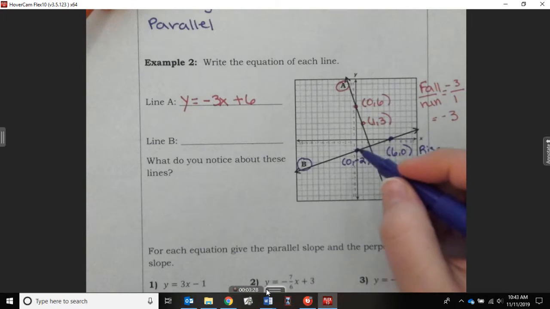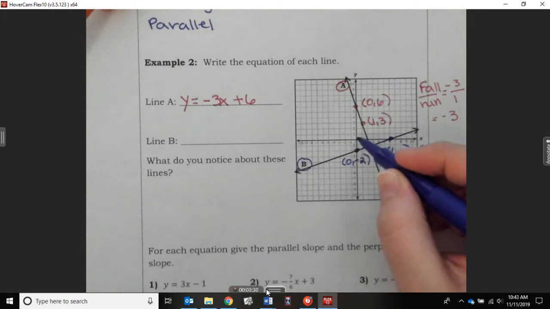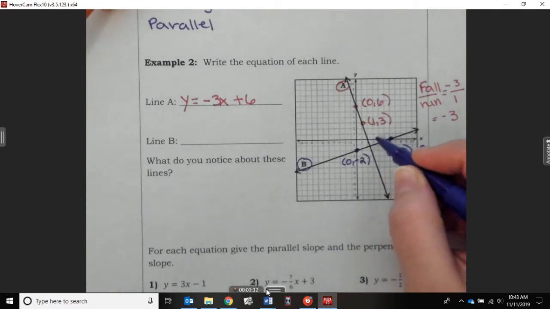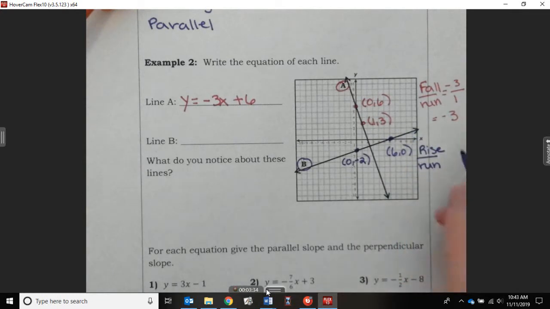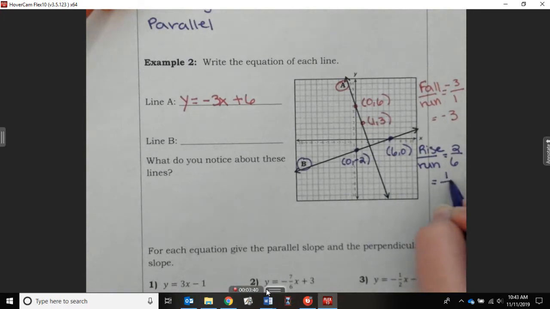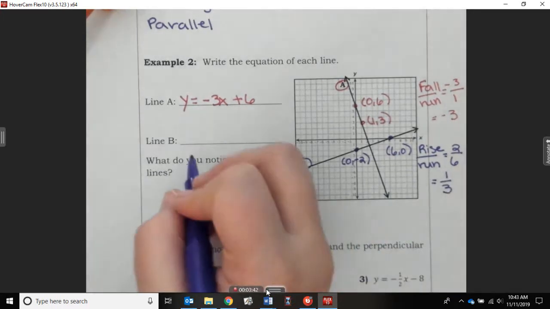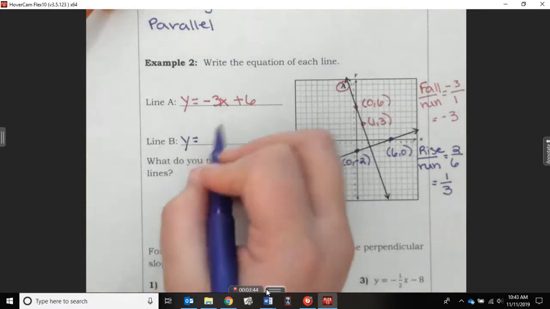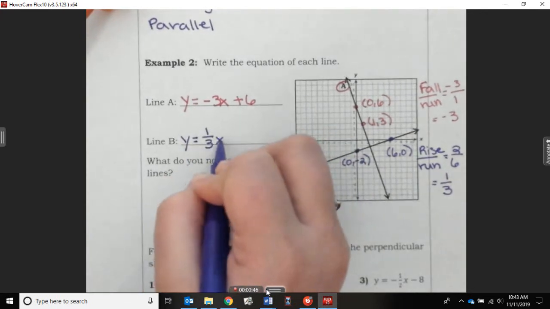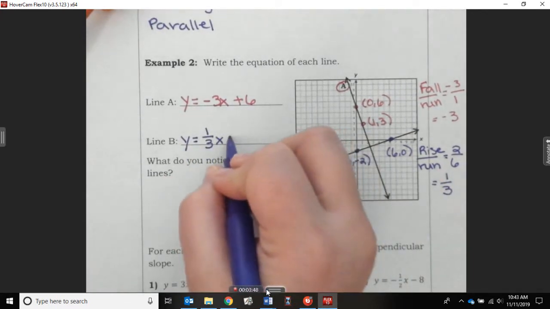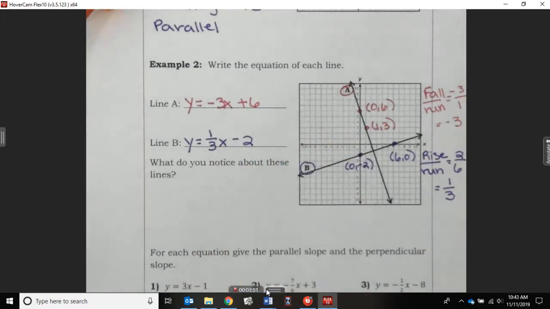And if I count, I'm going to go up 1, 2, and to the right 1, 2, 3, 4, 5, 6. So my rise is 2 and my run is 6. And this reduces to 1 over 3. So the equation of my line is y equals 1 over 3x. My y-intercept is negative 2, so minus 2.